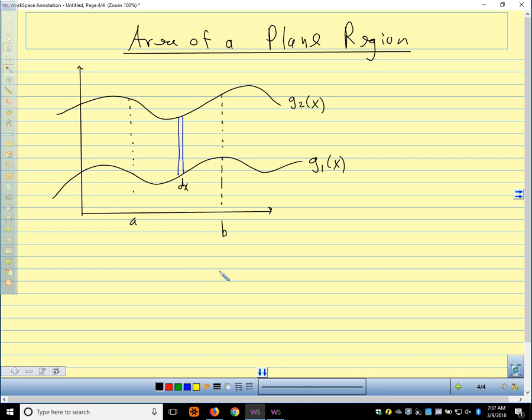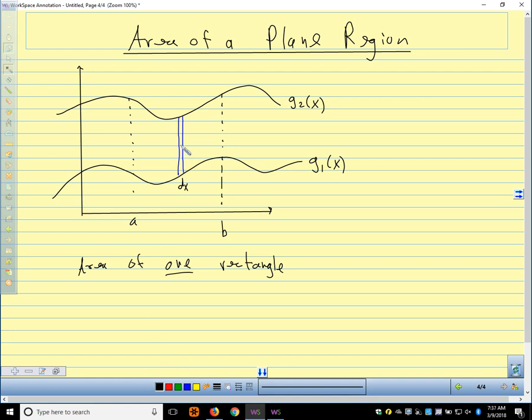They're two different functions. All right. The area of one rectangle. We're going to write the area of one rectangle as an integral.